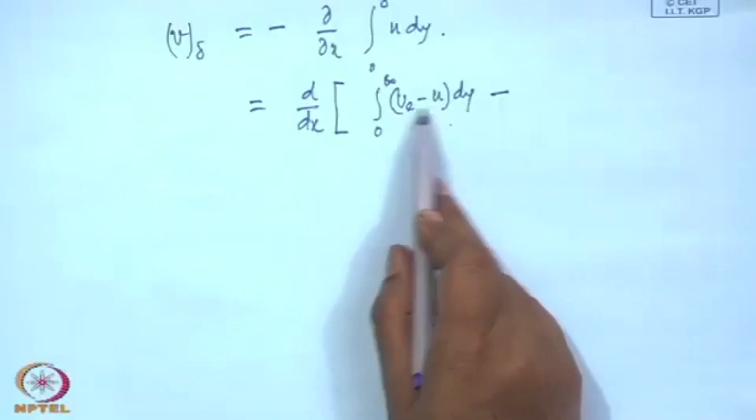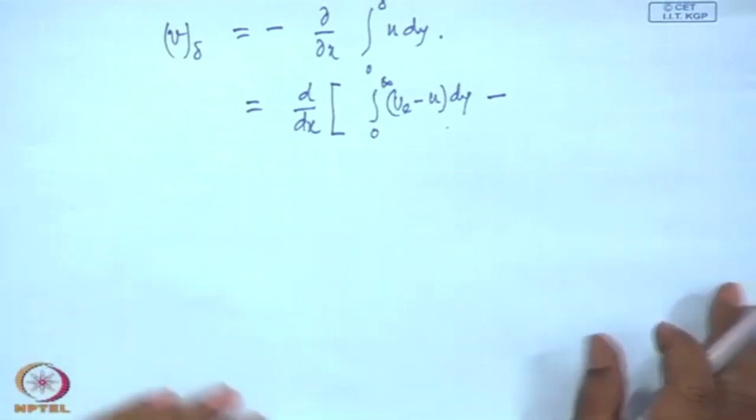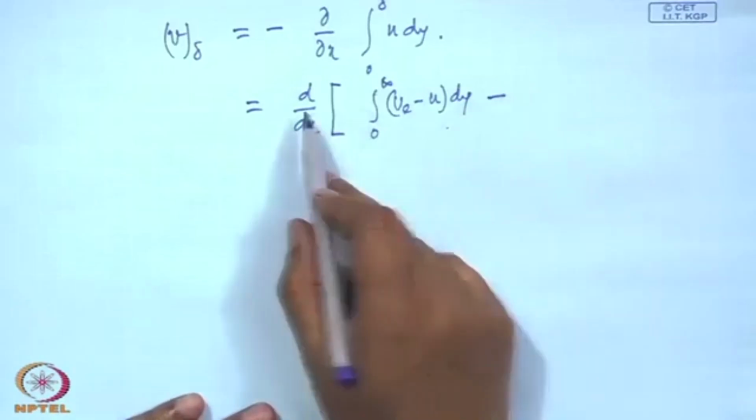Let us say this is this integration UE dy extended, and the derivative of that constant is 0.